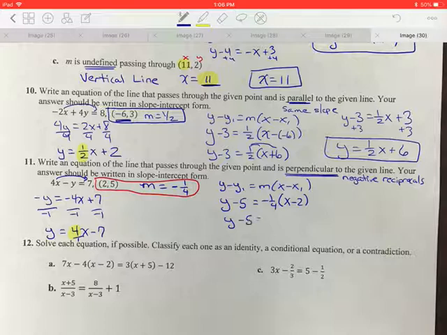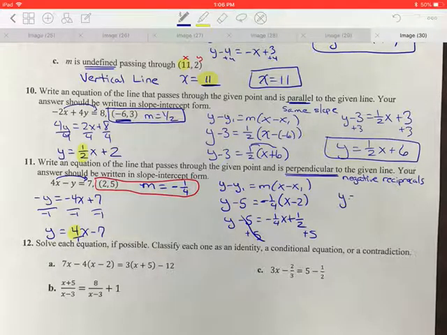I'm going to distribute that negative 1/4. That'll be negative 1/4 x. Now remember, a negative times a negative will give me a positive. And 1/4 times 2 is 2/4, or we could reduce that to 1/2. All right, I'm almost done. I do need to add 5 to both sides.